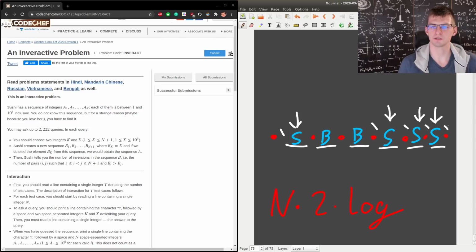Before each of them and after the last one, as long as there is at least one element. I think that this will be n log n. I hope so. Go recursively.